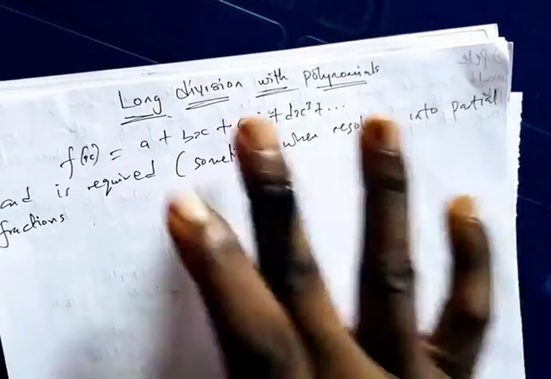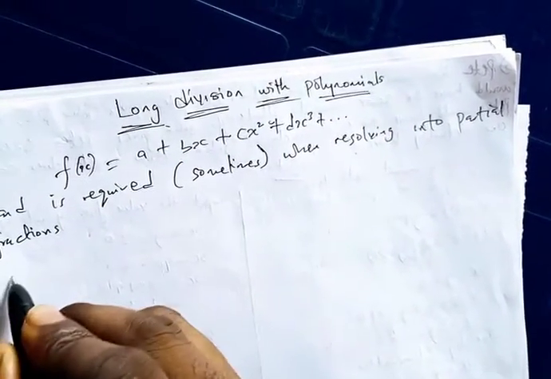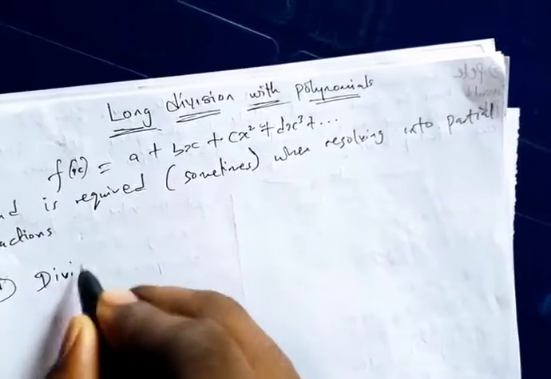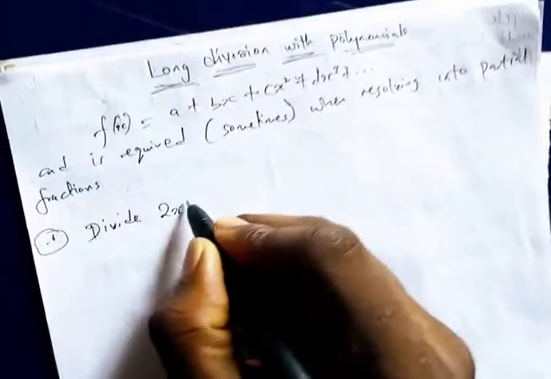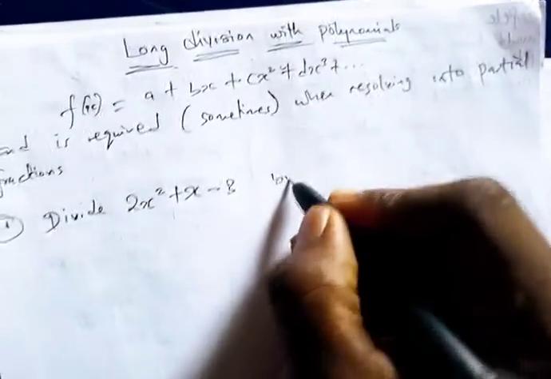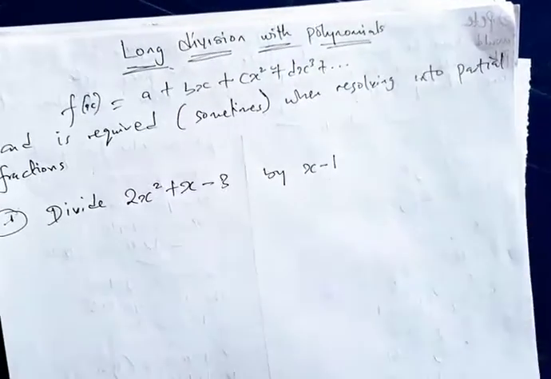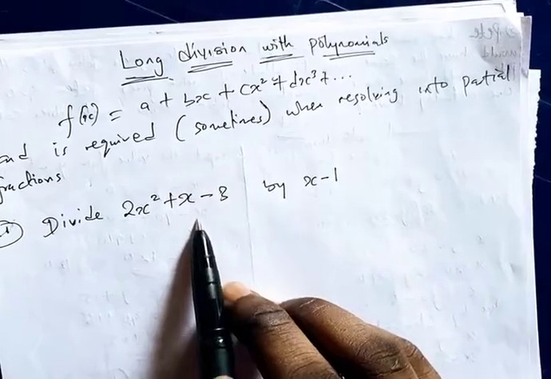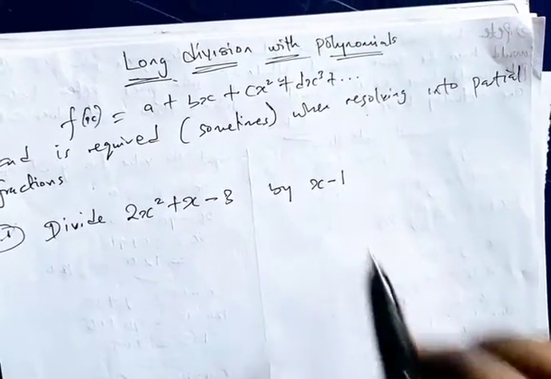So let's get down to long division with polynomials. For example, number 1, if you are given to divide 2x squared plus x minus 3 by x minus 1. Now, we know this is the dividend and this is the divisor.